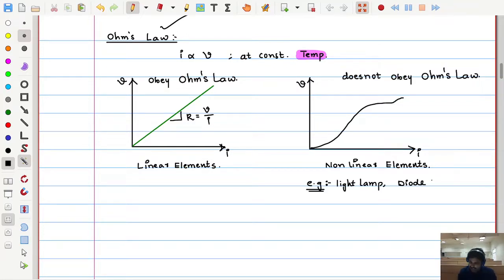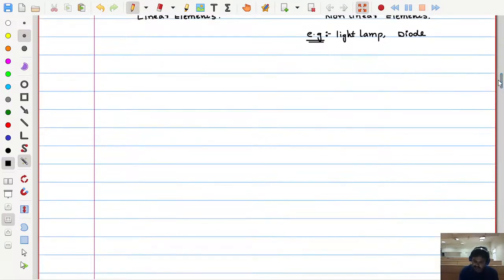Clear? And in circuit analysis, we see one more term, that is the reciprocal of the resistance. What does reciprocal mean?